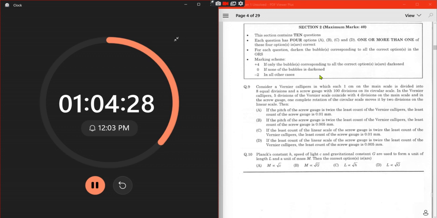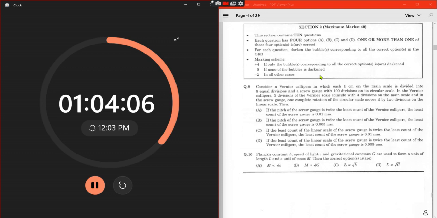5 divisions of the vernier scale coincide with 4 divisions of the main scale. Okay, that's the standard case, because that's what we actually do.